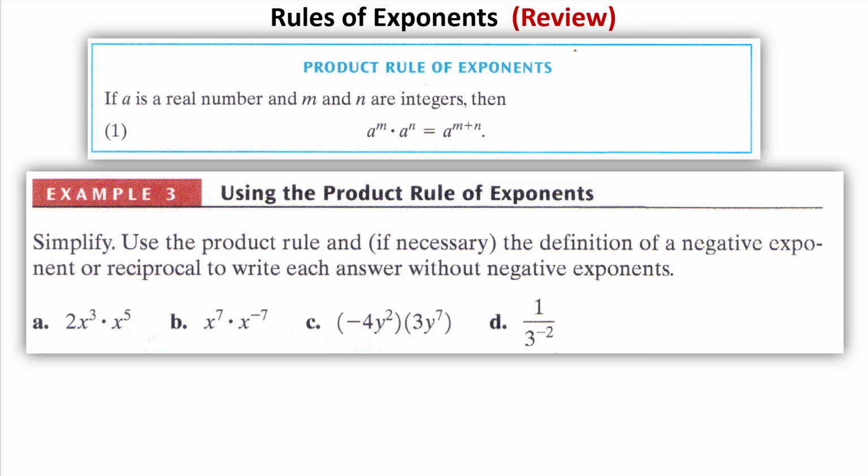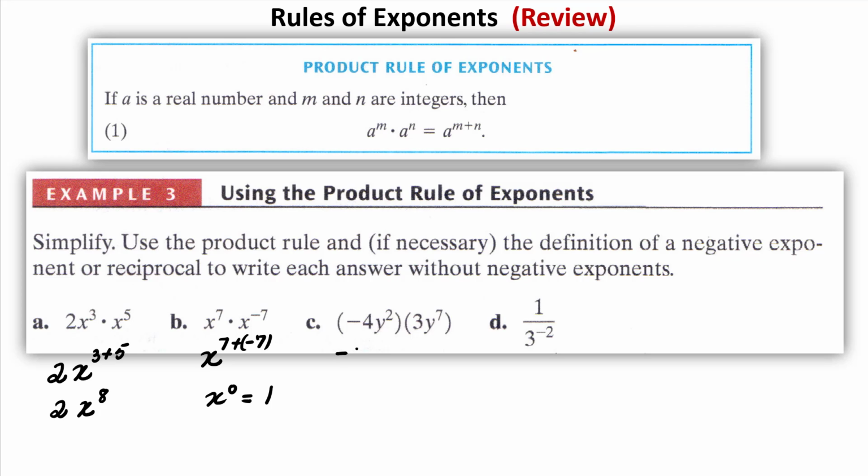a to the m times a to the n is equal to a to the m plus n. 2x cubed times x to the fifth is equal to 2x to the 3 plus 5, 2x to the 8th. x to the 7 times x to the negative 7 is x to the 7 plus negative 7, x to the 0.